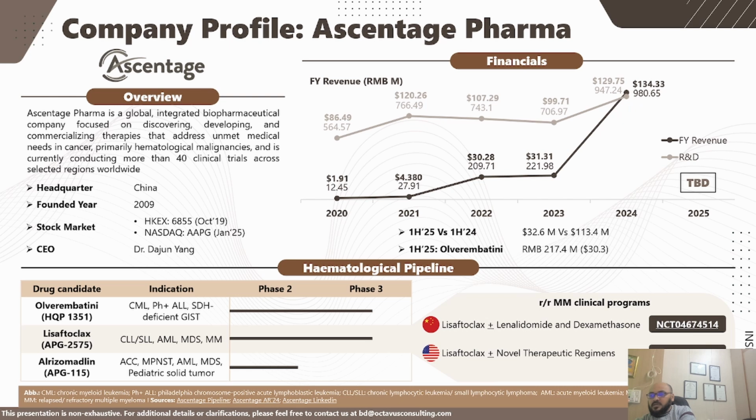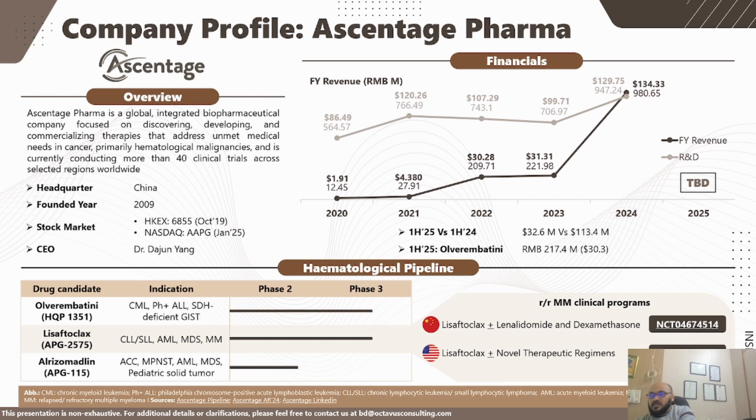I think they have a good pipeline. They have spent a good amount of money. They don't have an approved product in place, but they are assessing Lisaflotex in combination with lenalidomide and dexamethasone in China, and there is also a US study which is ongoing.